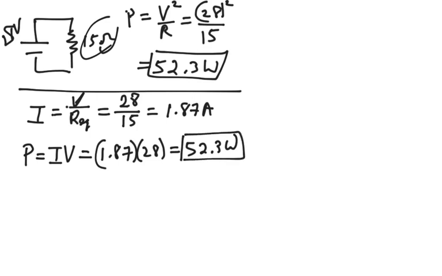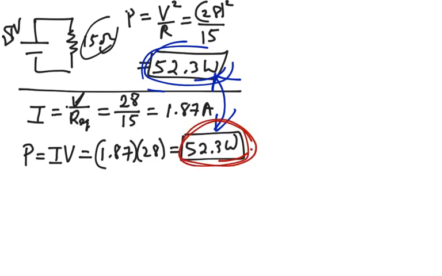So we can see through the correlation here that the power dissipated by all the resistance, 52.3 watts, is equal to the power supplied by the battery, 52.3 watts. And so we could find either one to find the power dissipated in the circuit, because they should be equal, one and the same. So that's our answer to this problem, 52.3 watts.